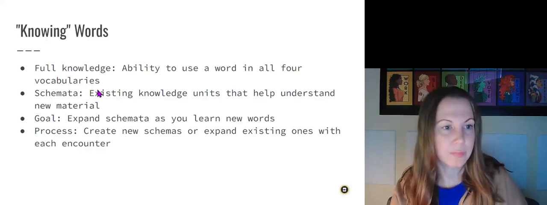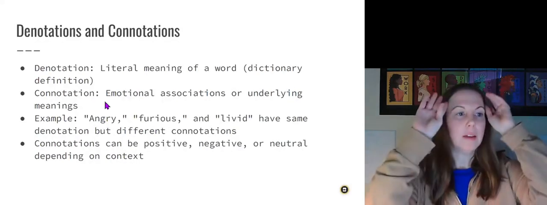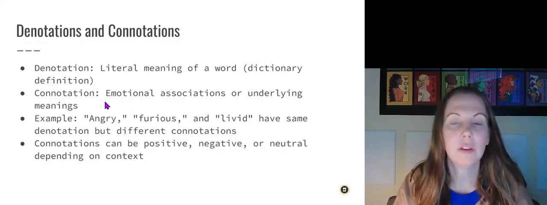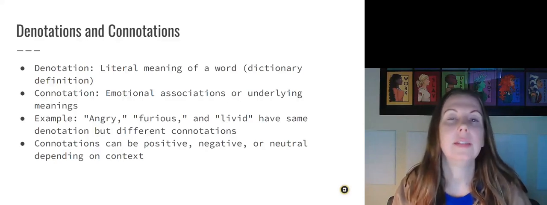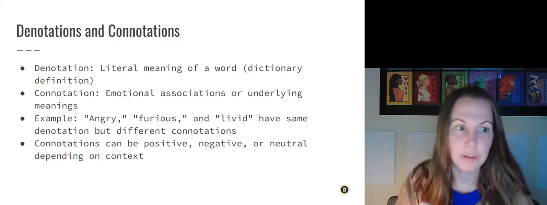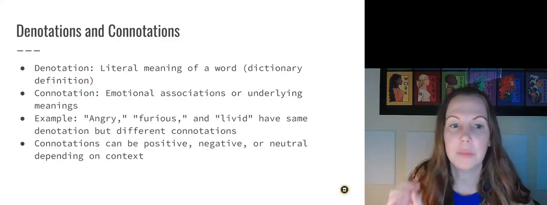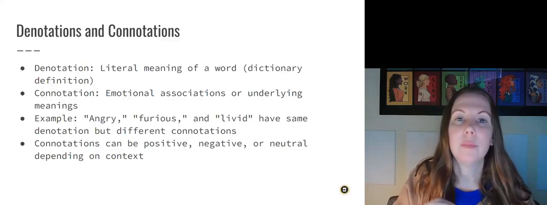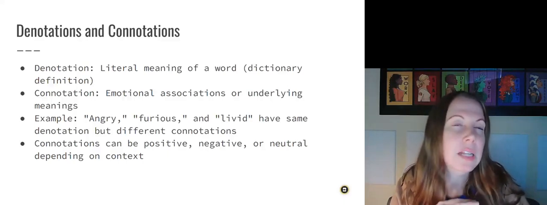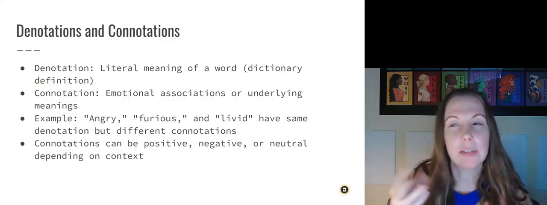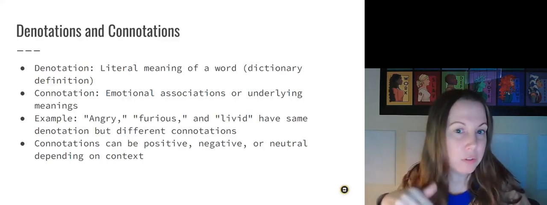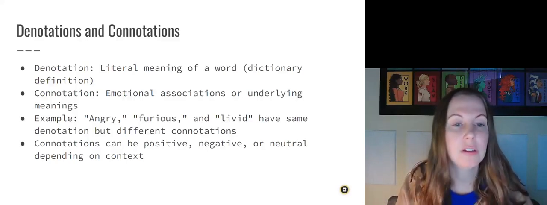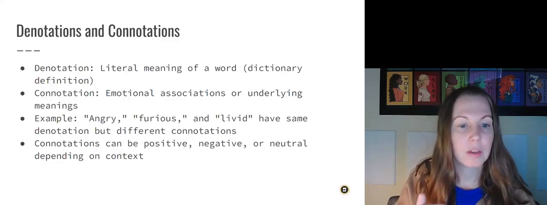That's cool. So let's talk about denotations and connotations. The denotation is the actual little definition that you can find in the dictionary. But the connotation is more of an implied meaning. It's not going to say it out loud, but there's meaning in it: the emotional association or other meaning.